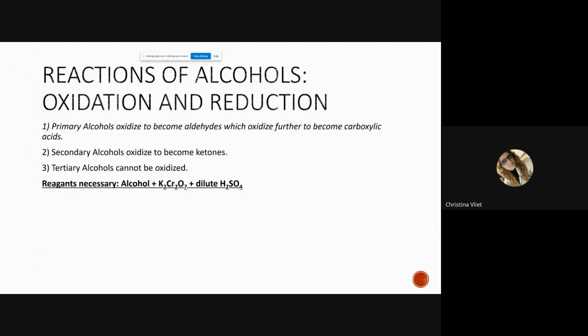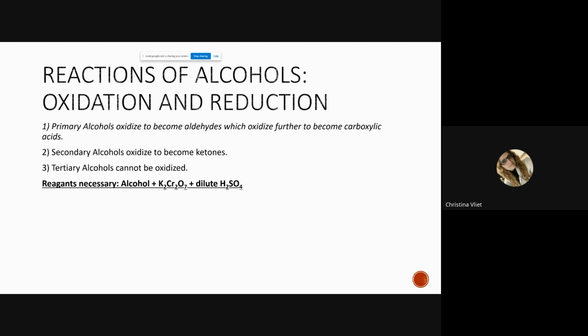Oxidation and reduction. There's some things you need to memorize, but there's some strategies I can give you to help. Primary alcohols always oxidize to become aldehydes, which, unless you do something special, further oxidize to automatically become carboxylic acid. We actually kind of already covered this.